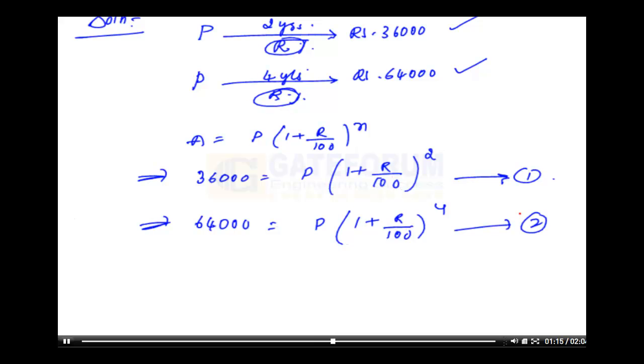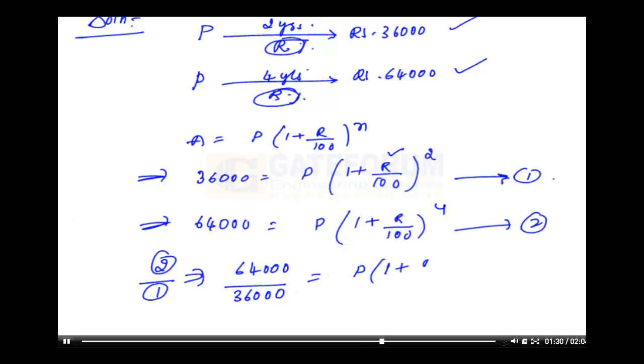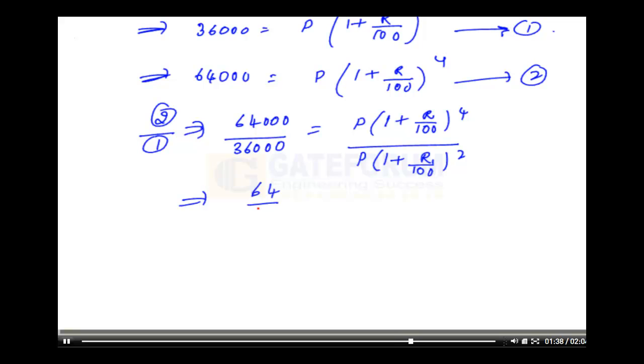Now in order to find the value of R, it is enough to divide equation 1 by 2 or 2 by 1. Let us consider 2 by 1, which is 64,000 by 36,000 equals P into (1 plus R by 100) raised to the power of 4 by P into (1 plus R by 100) whole square, which is nothing but 64 by 36 equals (1 plus R by 100) whole square.